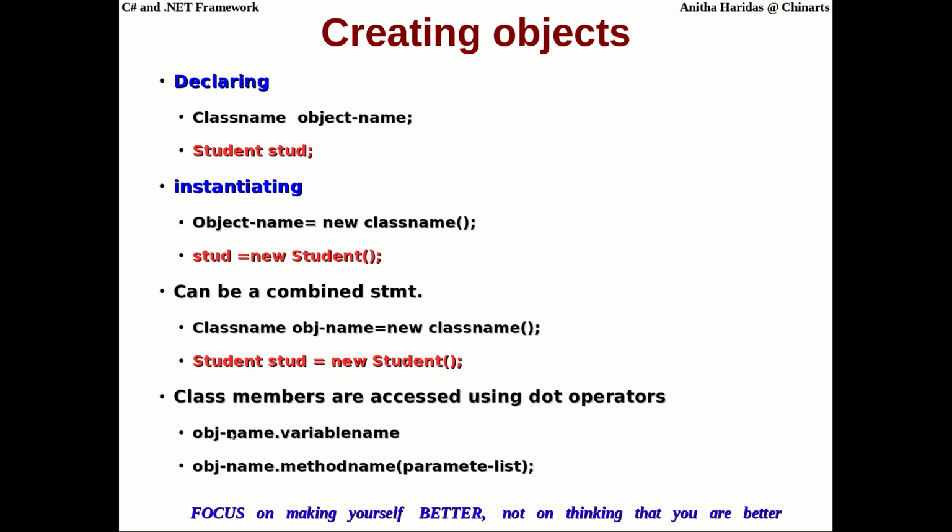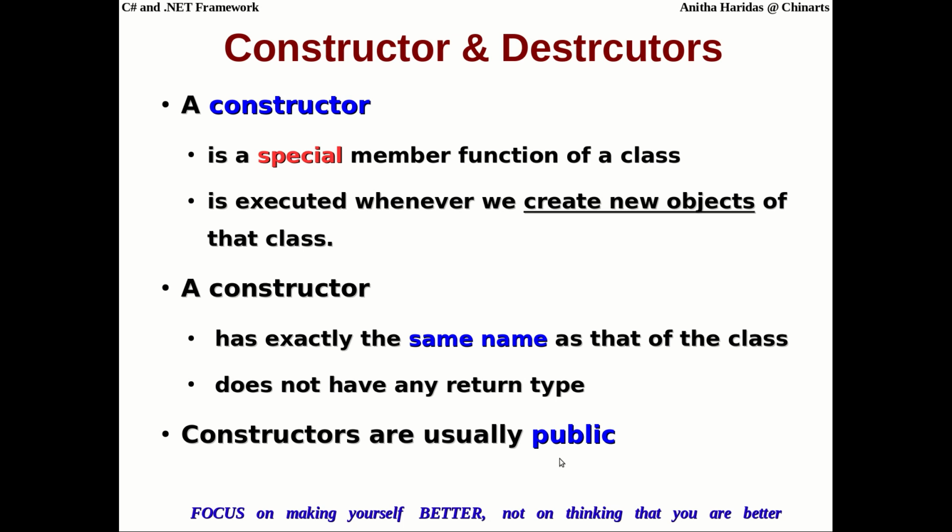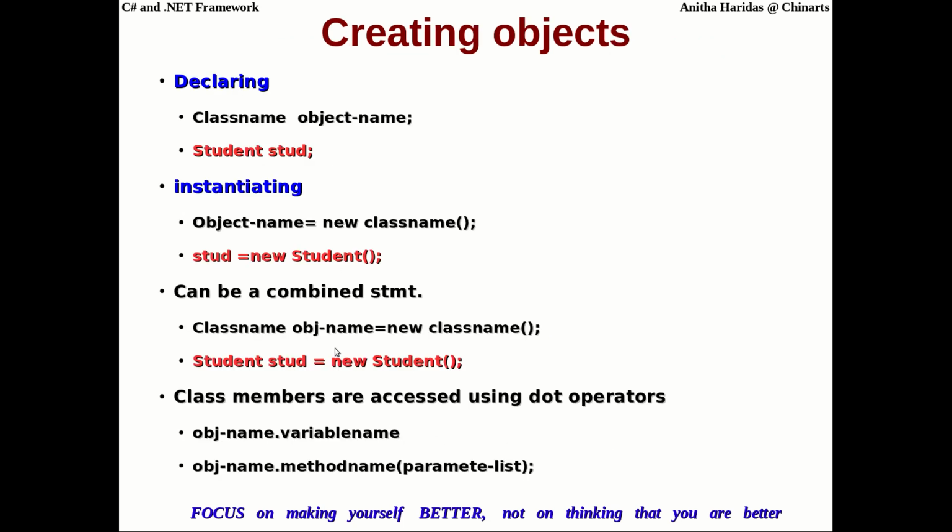Use your object name dot the member variable name, or object name dot the member method name, followed by the parameter list. So this is how we are going to declare an object and instantiate an object.